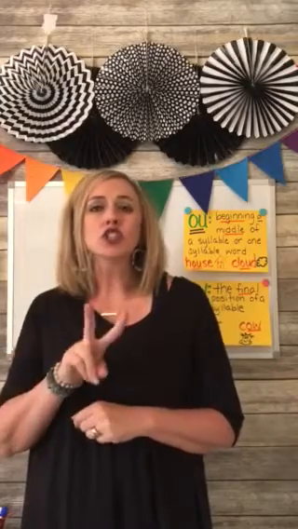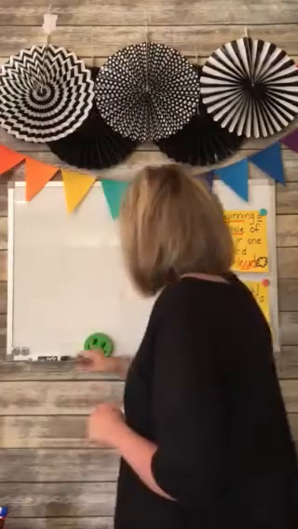The first sound that I want us to work on today is actually our new sound. That is the sound ow. Let's think. We have learned two different ways to make the ow sound. I want you to think of the two ways that we have learned to make the ow sound. All right, you got both ways in your head? All right, let's go ahead and write those down.